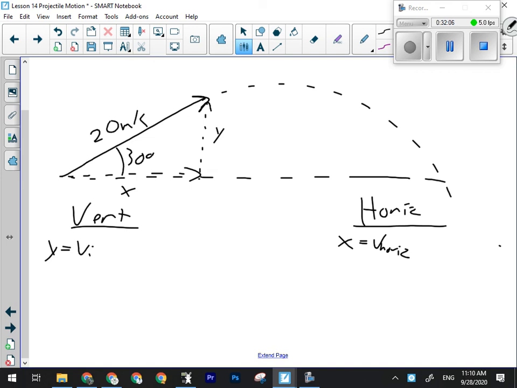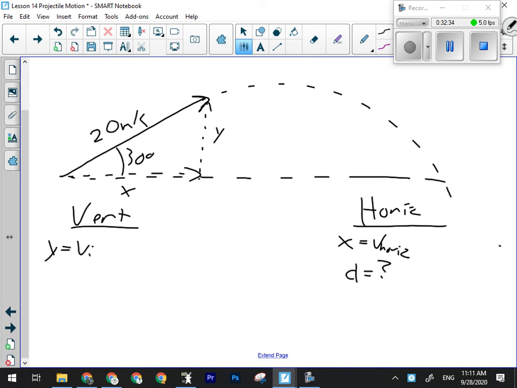Okay, so with just that much information, a question would probably ask you something like this: how far horizontally will this object travel? That's what it could ask. Now, just looking at this, you're probably thinking, how am I supposed to figure out horizontal d with one number?